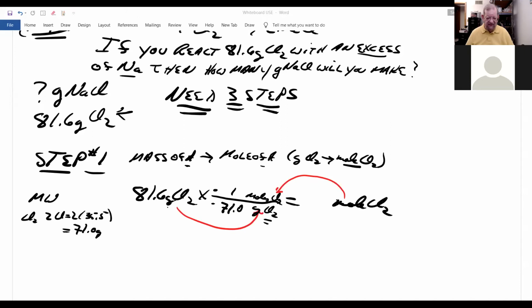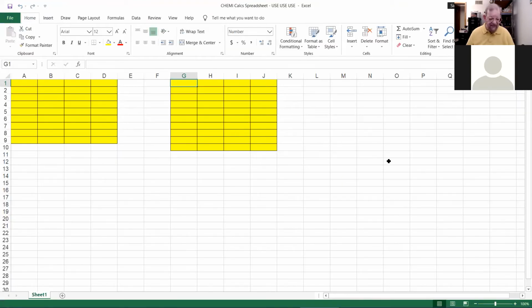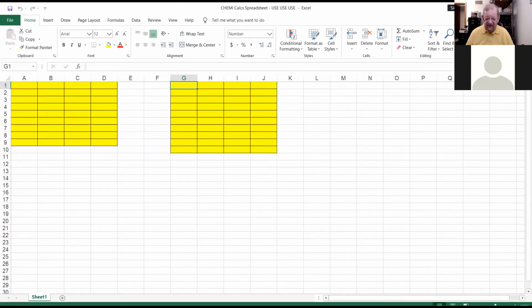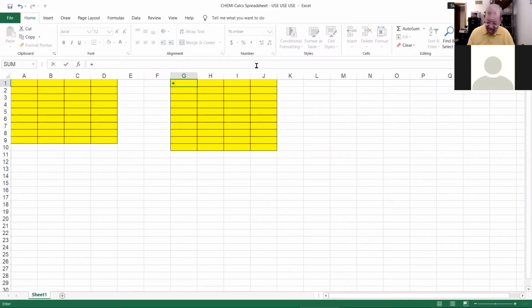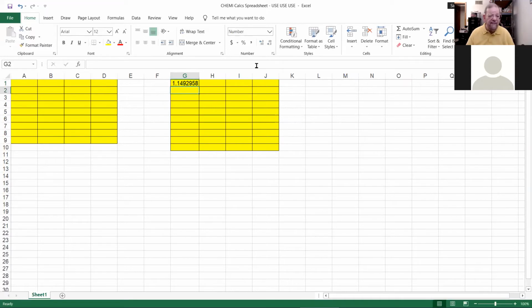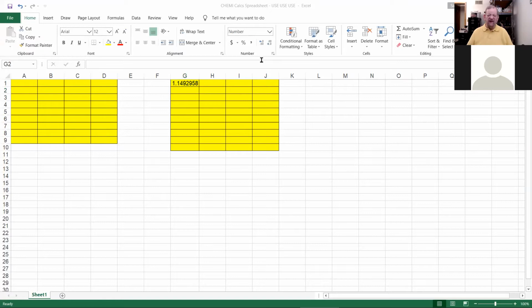Let's go to my calculator. I'm going to use the spreadsheet for this. For each of these multiple step calculations, I'm going to calculate and round off at the end, rather than rounding off at each step like I normally do.